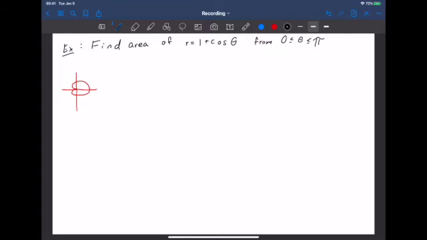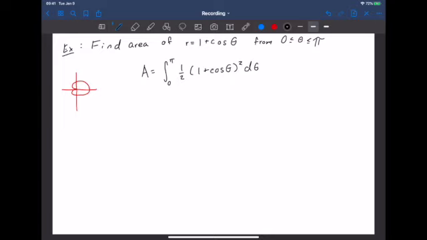So what we have here is 1/2 r squared d theta. I'm going to integrate this from 0 to pi. That's the formula for the area they're asking us for. I'm going to be really clear about what area that's giving us.